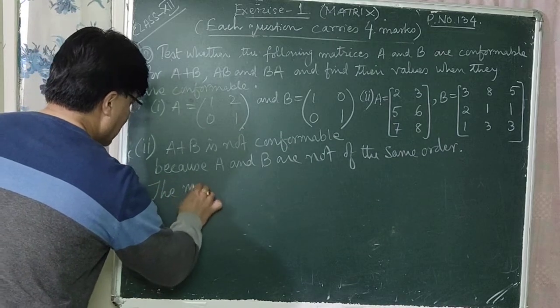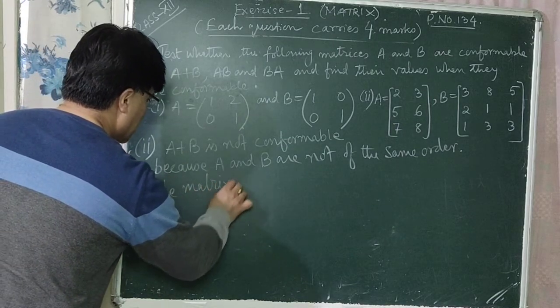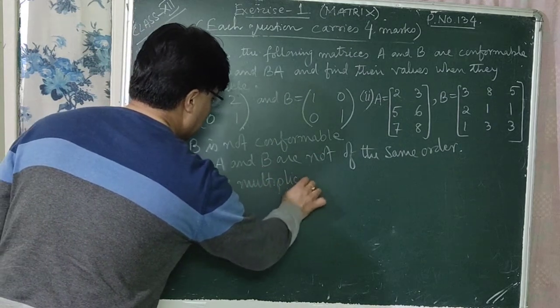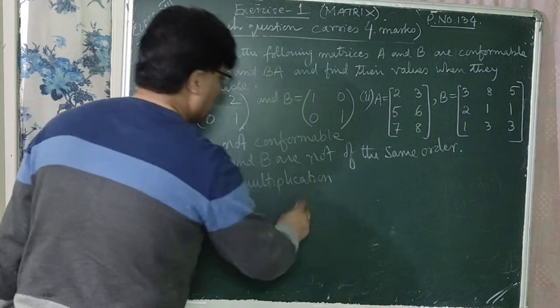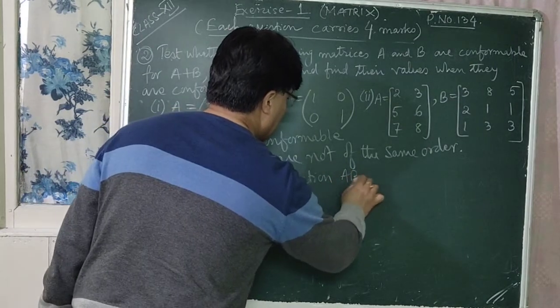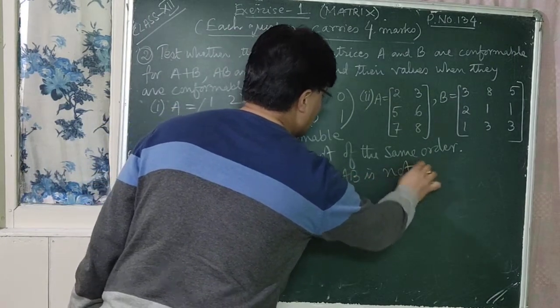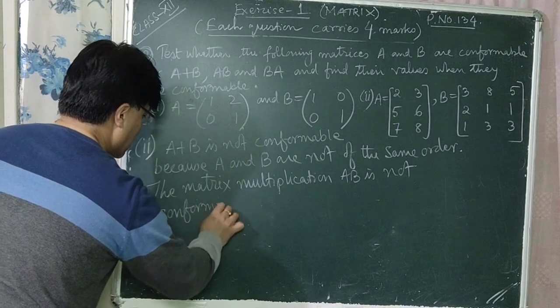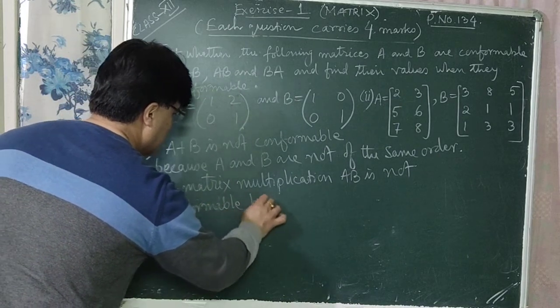So here the matrix multiplication AB is not conformable. What is the reason?